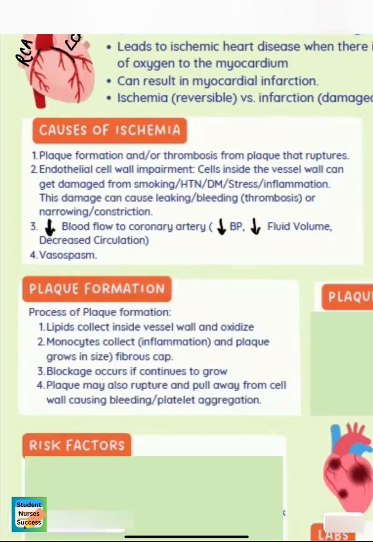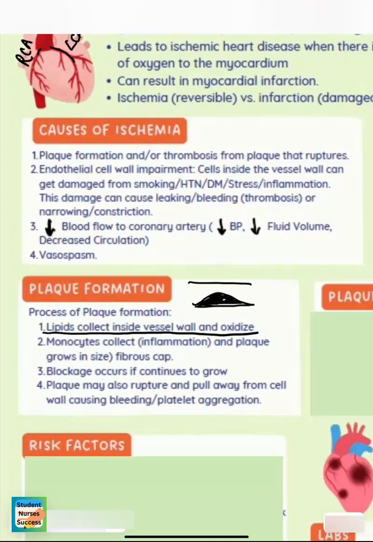Let's talk about plaque formation. Plaque is formed when lipids actually collect inside the vessel wall and start to oxidize. This oxidation means that they get larger and larger and harder and harder. And so these plaques do not move. So if you have a vessel here and you have a plaque that develops, it gets larger and larger and harder and harder.